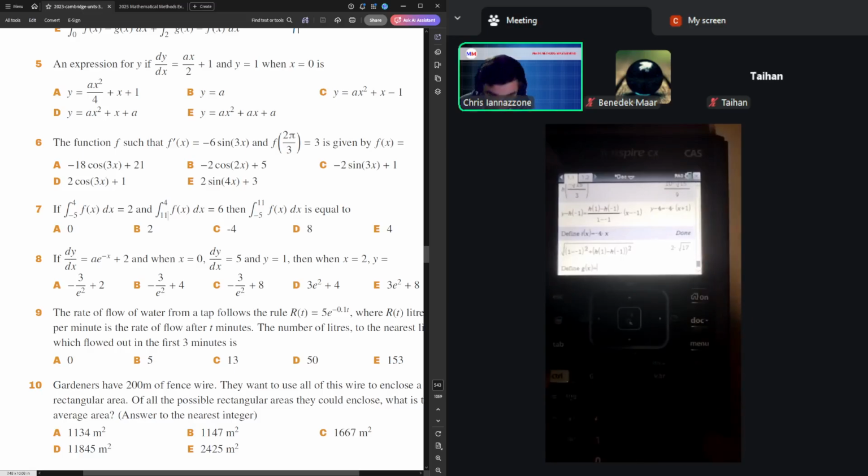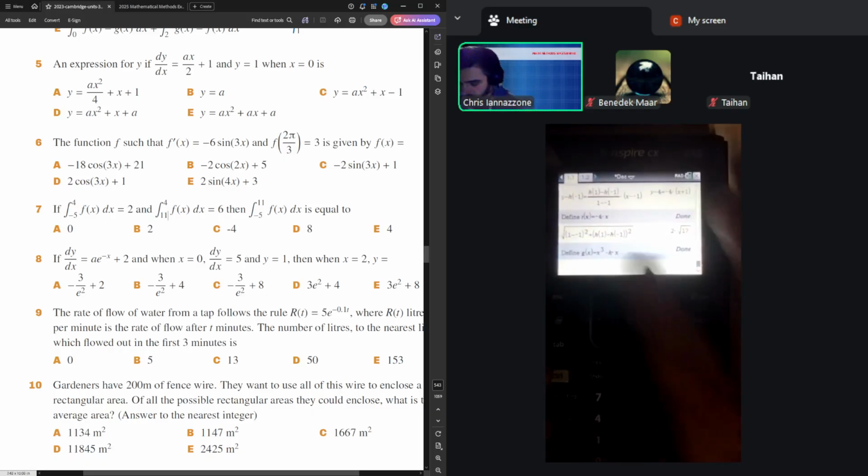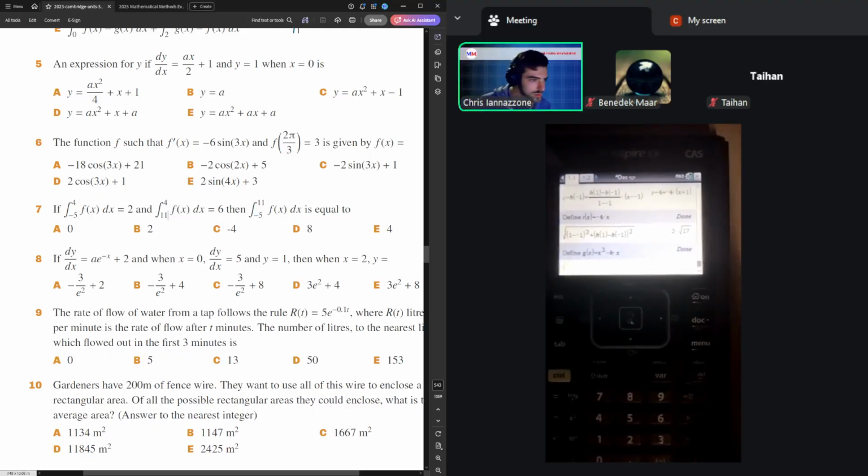So g is now x cubed minus kx. Minus k times x. Make sure you put that multiplication symbol in there yourself. The CAS will not do it for you.